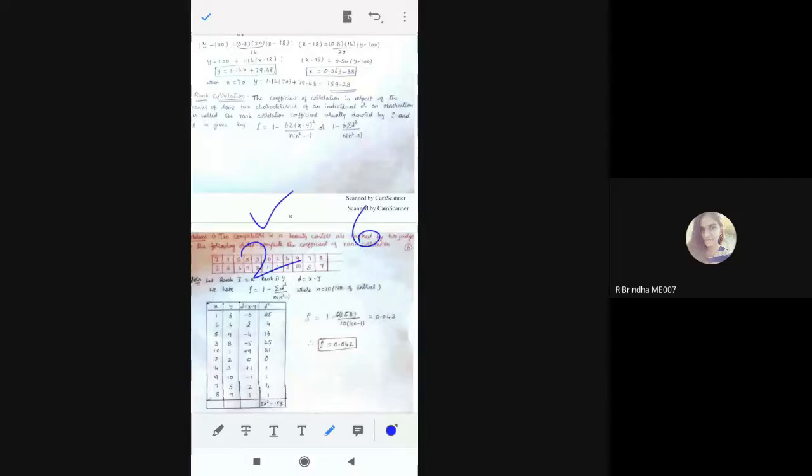Suppose I give an example. In one subject an individual scored some marks, and in their class his rank is number two. Similarly, in another subject he scored some marks and got sixth rank. So in one subject he got second rank, in another he got sixth rank.